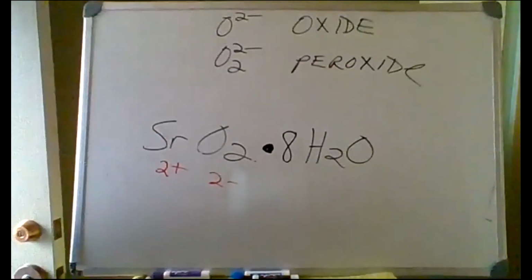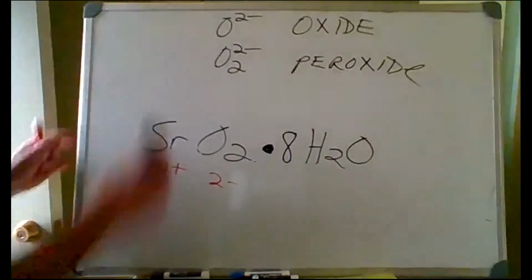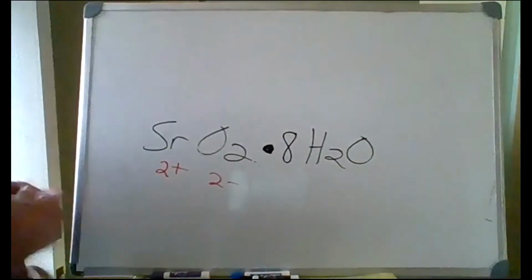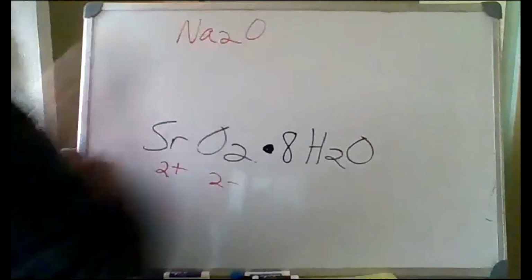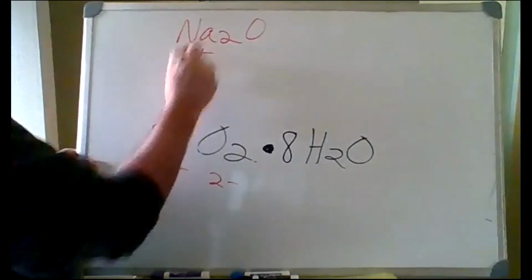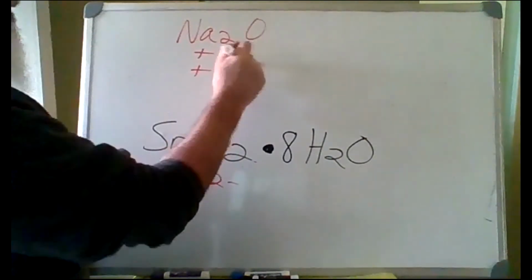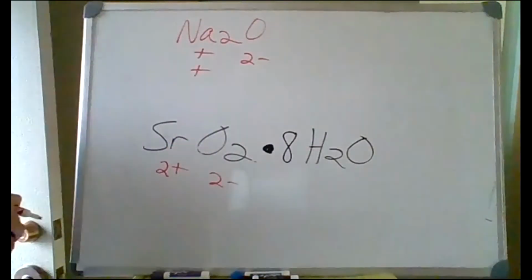Again, you have to be very careful with peroxide. Let me give you another example. This might even be on the assignment. We can write this. This is sodium oxide. Each sodium is +1 and the oxide is -2. That's neutral.